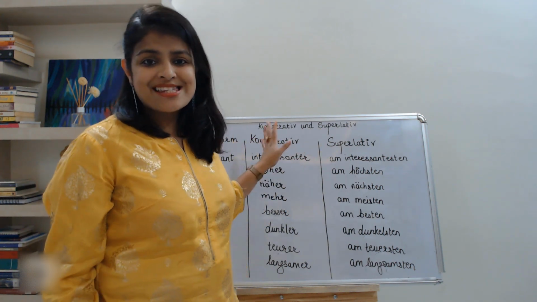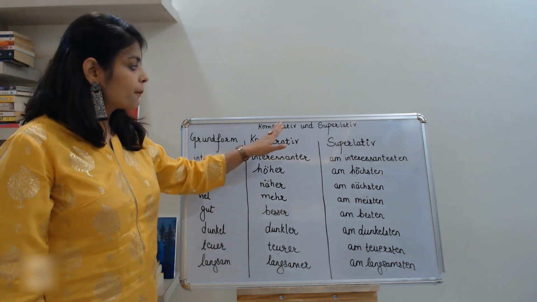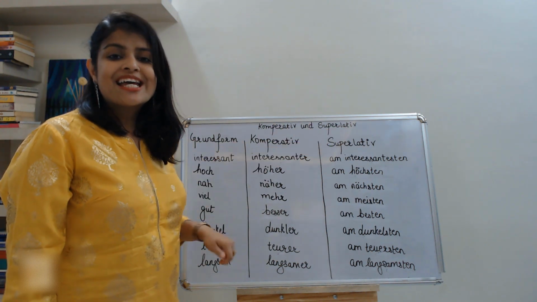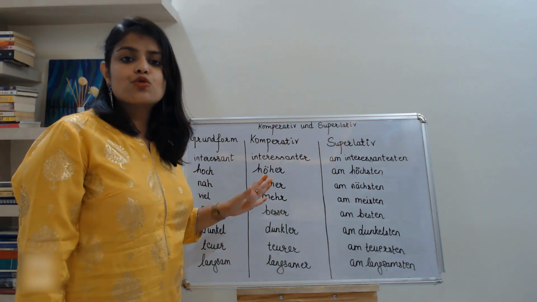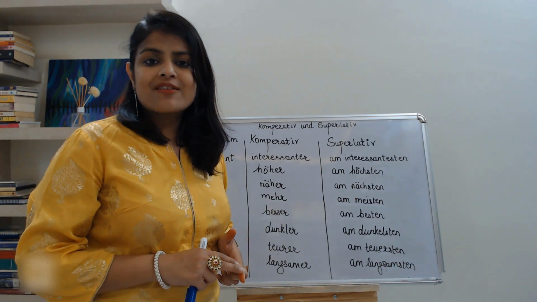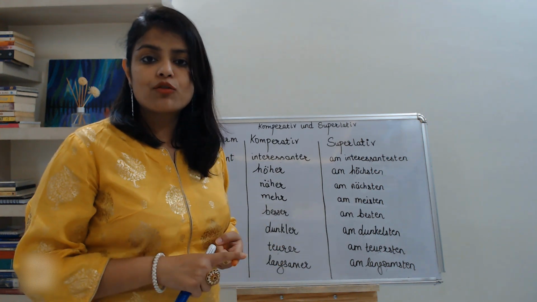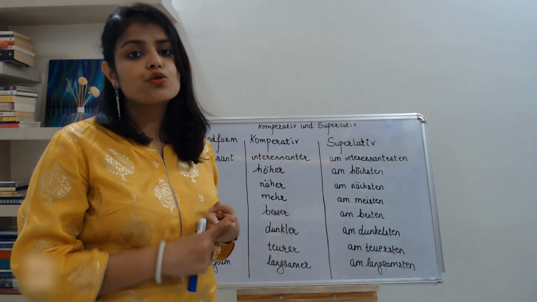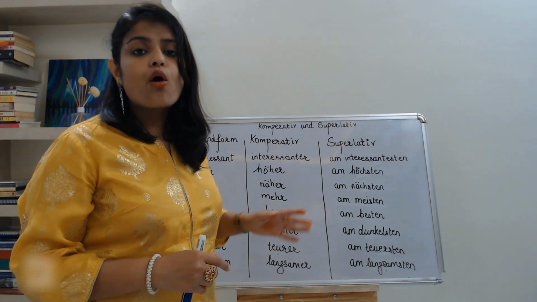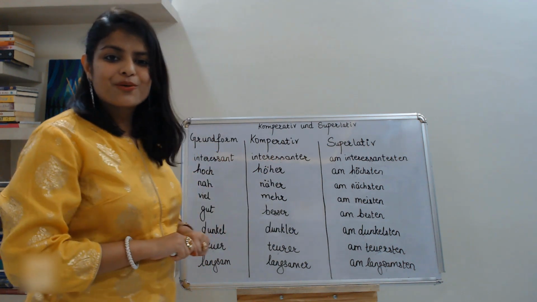I have listed a few unregelmäßige Formen of Komparativ und Superlativ. These are the forms which do not follow the rules of Komparativ. That means it may or may not be taking A, O or U with umlaut in Komparativ, or they might be having some other changes. So let's have a look over here.